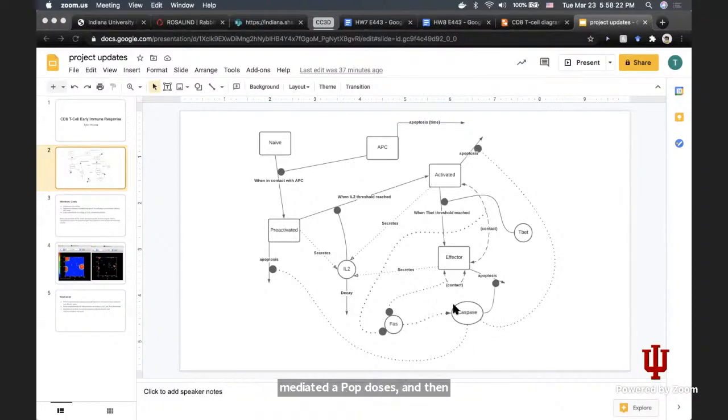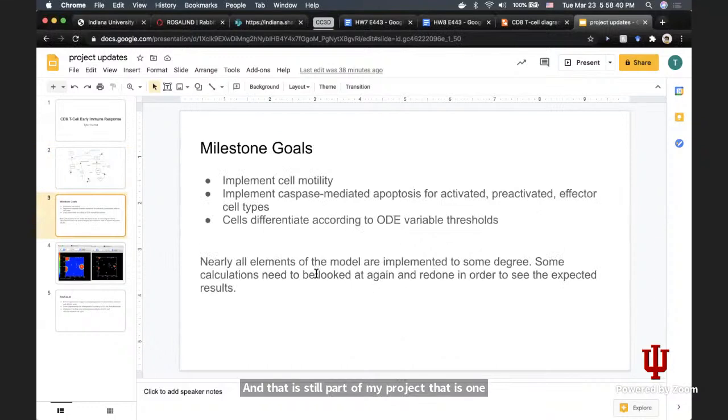And this caspase is also catalyzed by Fas and Fas-L interaction when activated and effector cells come into contact with each other. And that is still an element that I need to implement.